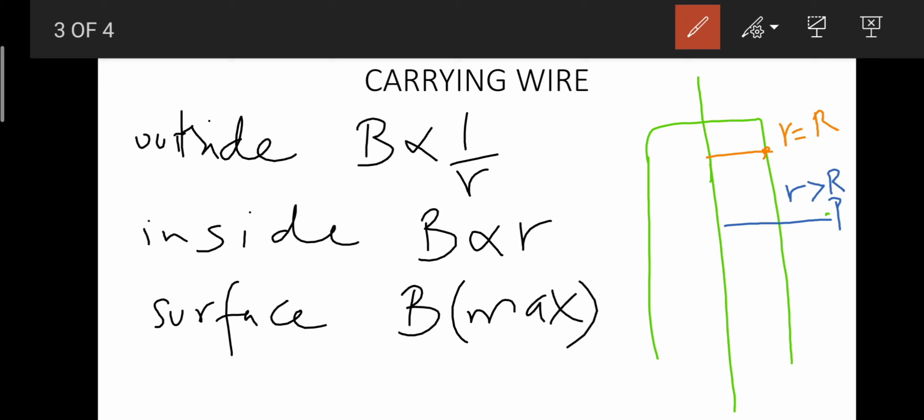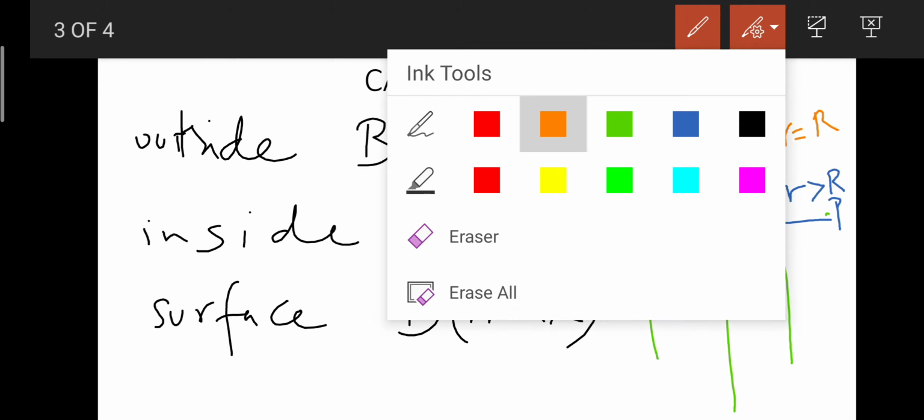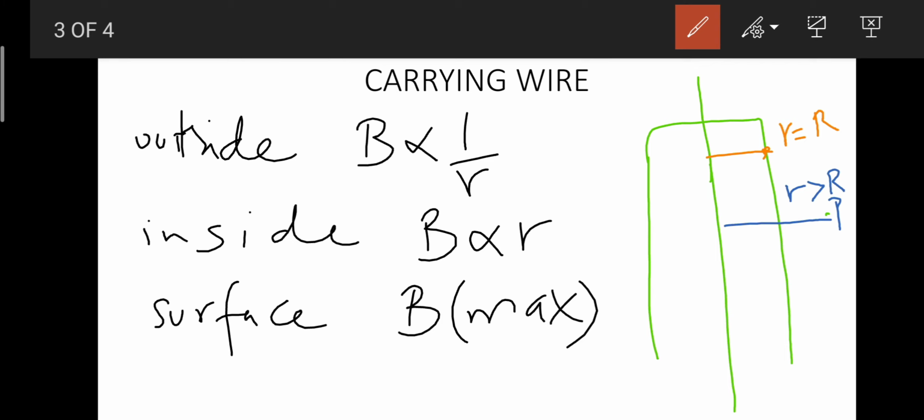And for the case which we started earlier, that is inside the conductor, this was the case for point S, if I'm not wrong. So for this particular case, we have R prime smaller than R. This distance is taken as R prime.